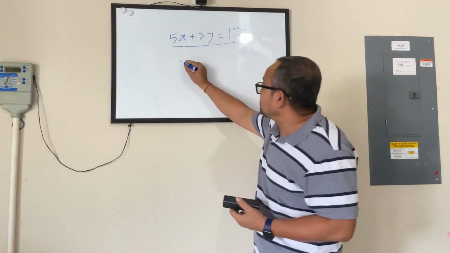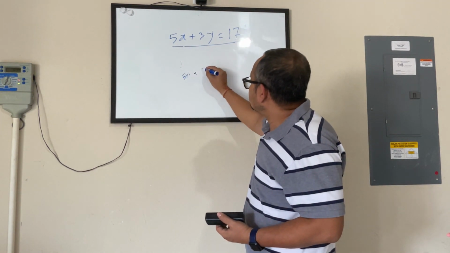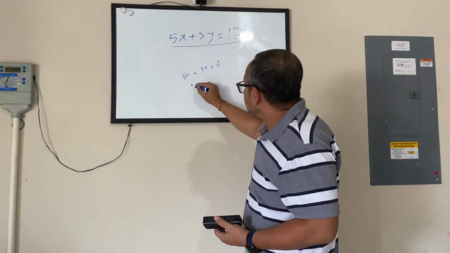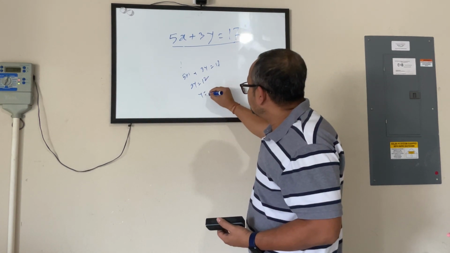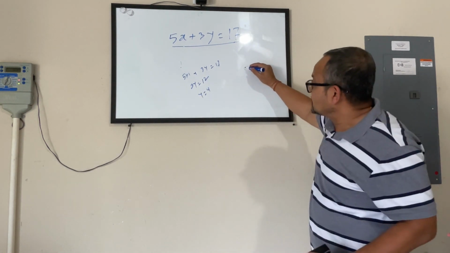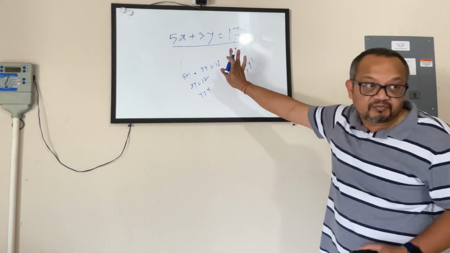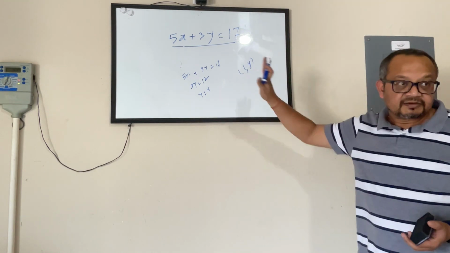If x is 1, then it becomes 5 into 1 plus 3y equals 17, and then 3y equals 17 minus 5, that is 12, y equals 4. So this is one possible answer, when we are saying x is 1, y is 4. But is this the answer? This is one of the answers.